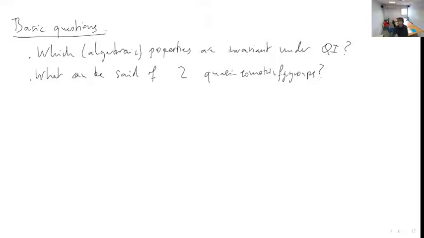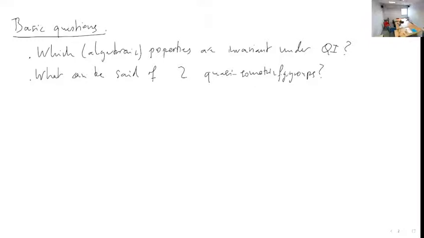Actually, being a hyperbolic group, I don't know if Indira had time to define it in the beginning of her course, but this is also a quasi-isometric property. But you'll see this later on. Questions? Okay, if not, I continue.